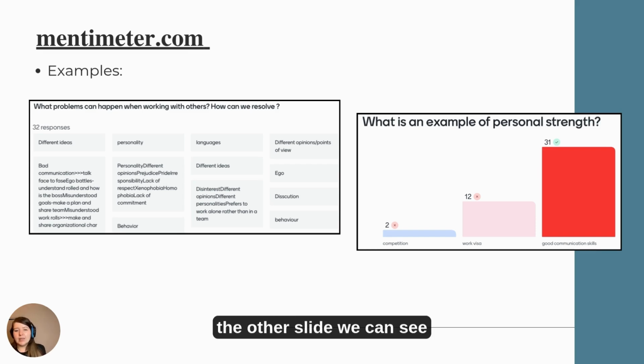And on the other slide, we can see a multiple choice question. I asked which of these is an example of a personal strength, and the students voted based on which one they think is a personal strength. Now, these are very simple interactions, but I feel like they made a difference.